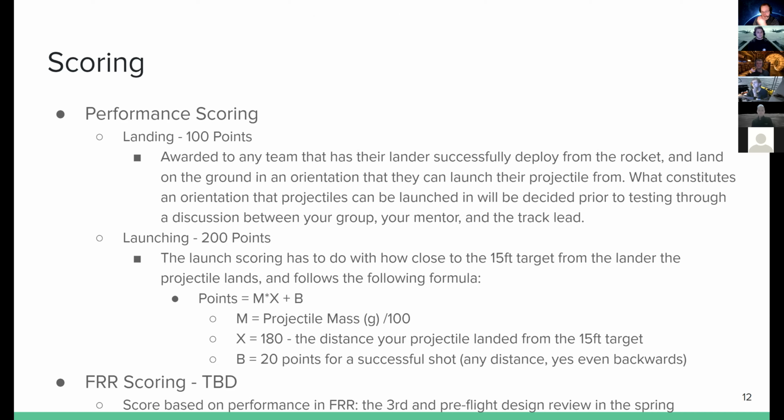I don't know exactly what the points will be for that. If there'll be points for that, don't worry about that yet. It's not like you could strategize to do well on the FRR, but not on launch day. You'll do well on the design review if you design a system that will theoretically perform well. So I wouldn't worry about it yet. I just wanted you guys to be aware that that might be there.